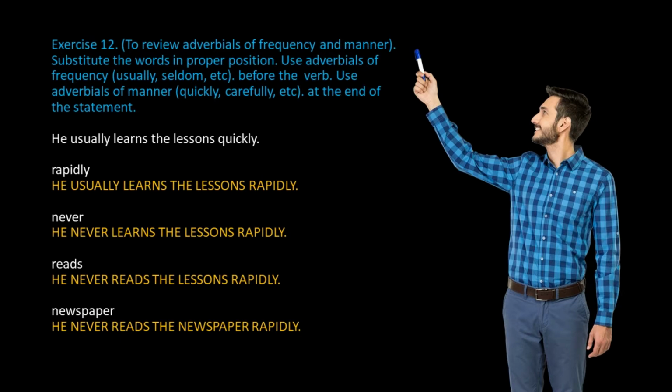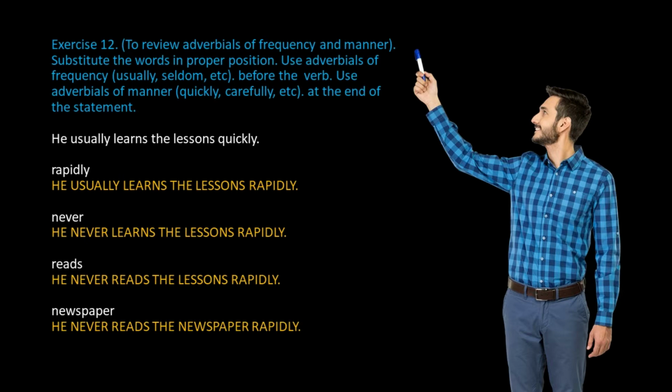Exercise 12. To review adverbials of frequency and manner. Substitute the words in proper position. Use adverbials of frequency, usually, seldom, etc., before the verb. Use adverbials of manner, quickly, carefully, etc., at the end of the statement. For example, he usually learns the lessons quickly. Rapidly.